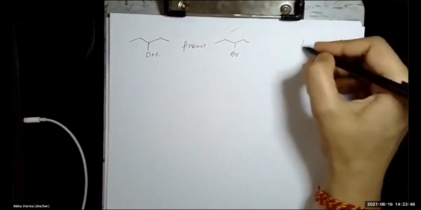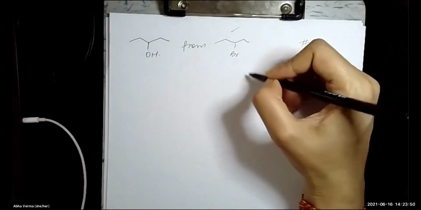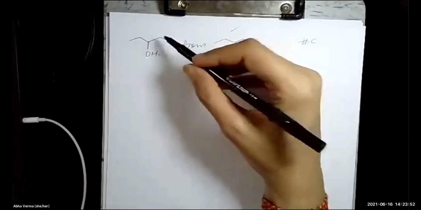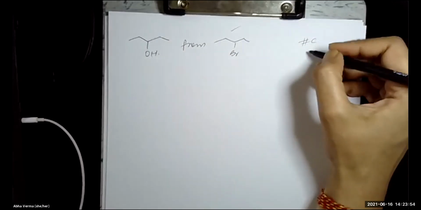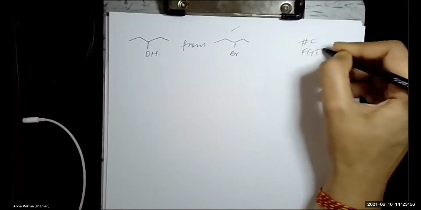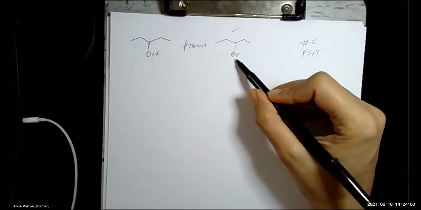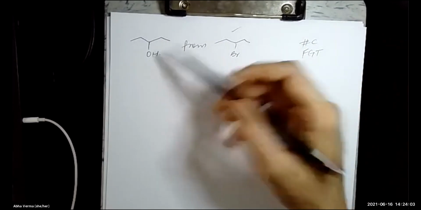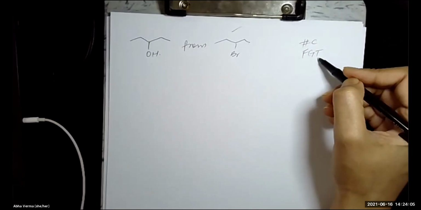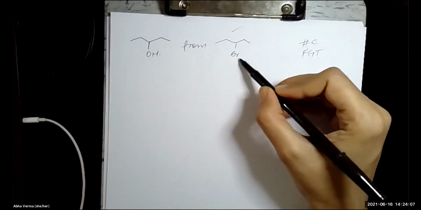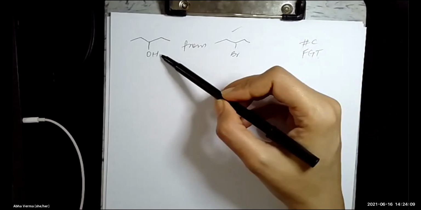What is the number of carbons? Exactly the same, 1, 2, 3, 4, 5, 1, 2, 3, 4, 5. Is there a connectivity difference? There's no connectivity difference. In the functional group transformation, from bromine you now have an OH. So what kind of reaction has happened? A substitution reaction has happened.